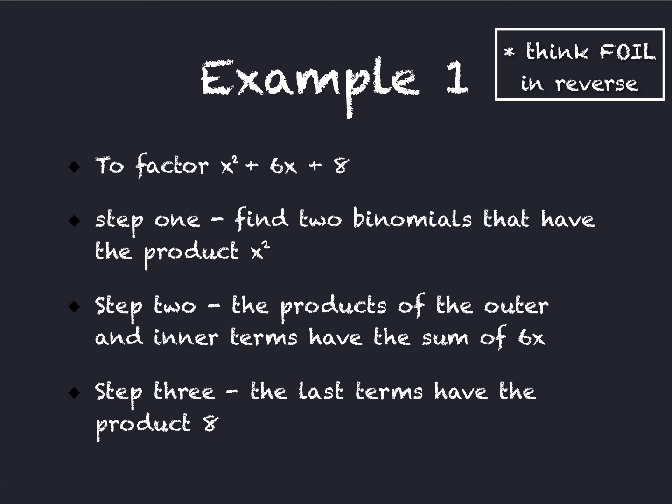All right, so example 1. It kind of does example 1 for us, but in words. Step 1 is to find 2 binomials that have the product x squared. What are 2 things that multiply to give us x squared? X and x.